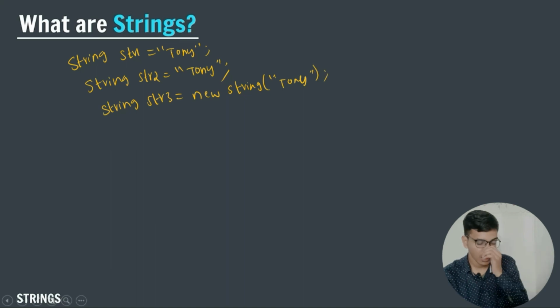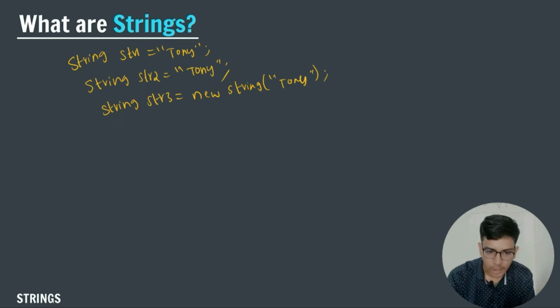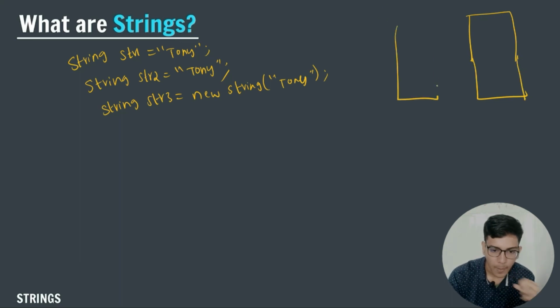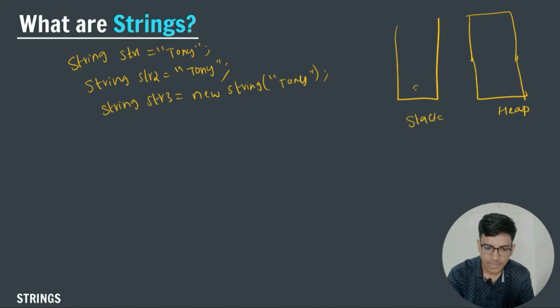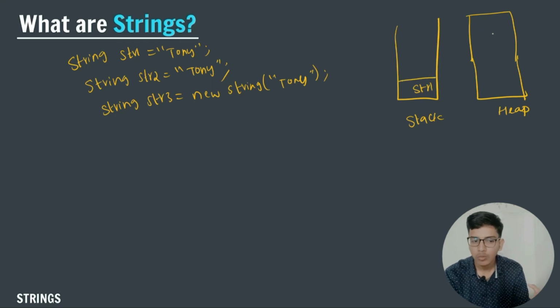First of all, we have to understand that in strings, memory allocation happens in the form of a combination of stack and heap. You can imagine this as the heap, and this is my stack. In the stack a variable str1 is created, and in the heap the actual value we are storing will be created.